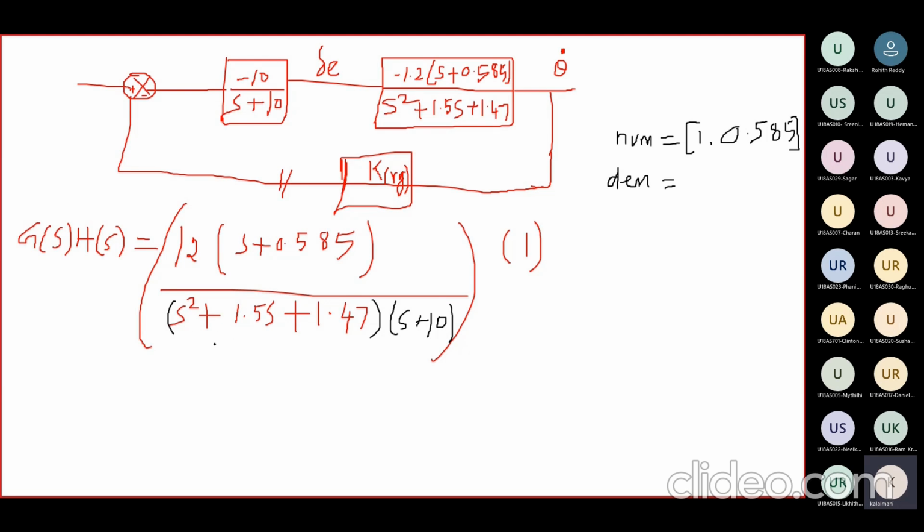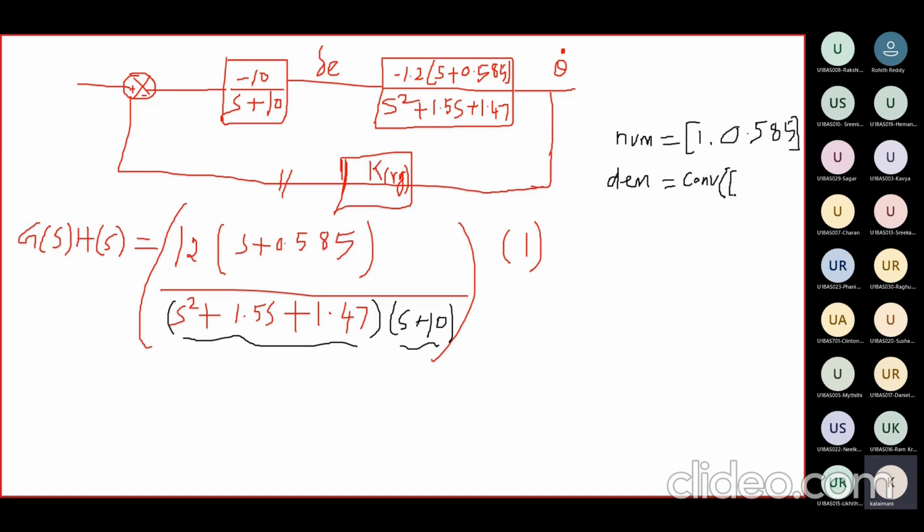Therefore, this denominator is a combination of two functions, this function as well as this function. So use the convolution of two functions, conv.